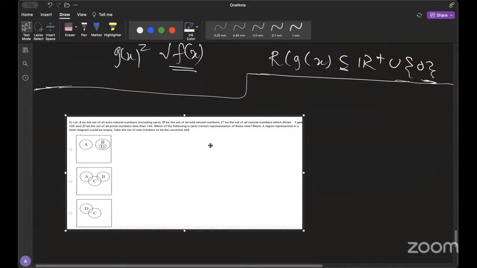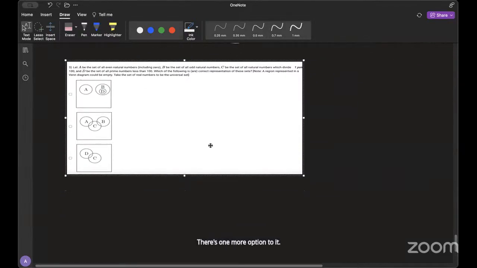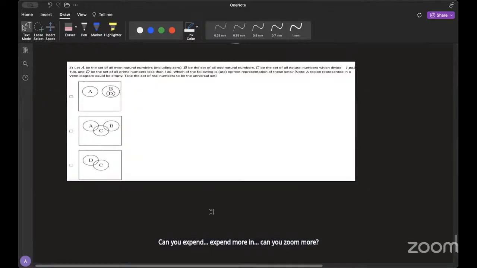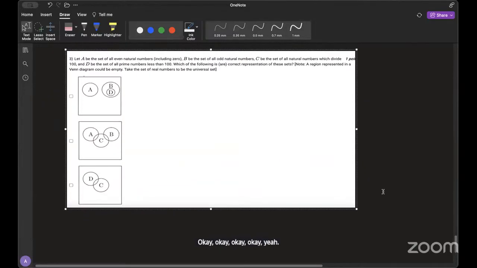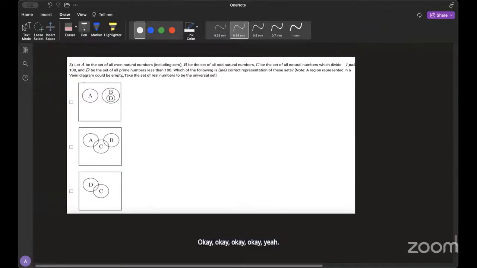There's one more option to it. Can you expand more? Can you zoom more? Is it visible now? Okay, yeah. Fourth option is not visible, I couldn't take it in the screenshot.